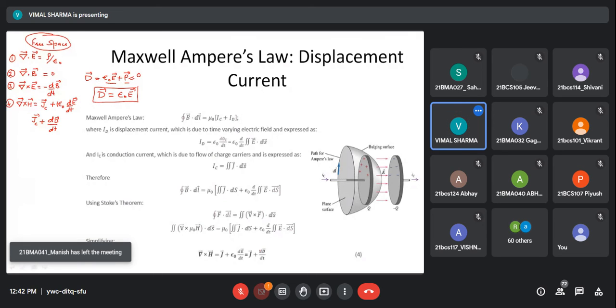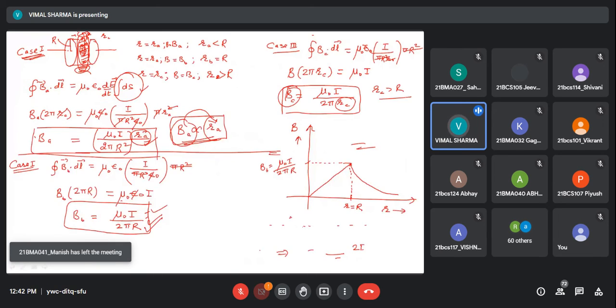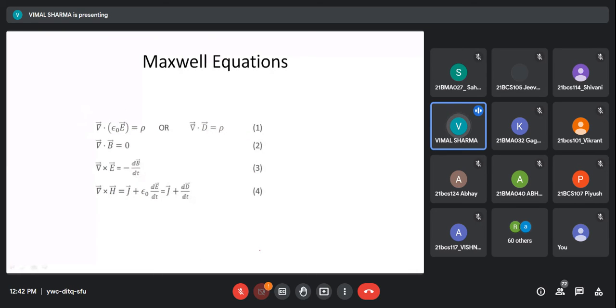Now we have the electric field and the magnetic field, and these are fields which are varying. We can find the divergence of both fields: divergence of electric field, divergence of magnetic field, curl of electric field, curl of magnetic field. These are Maxwell's equations. According to these equations, we do unification.